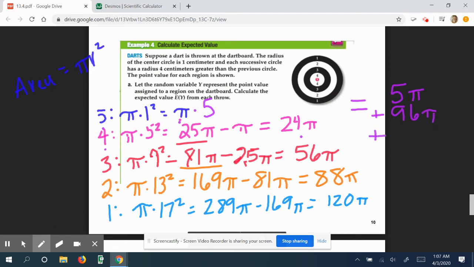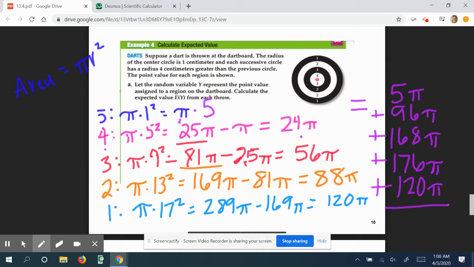The next one, 3 times 56 is going to be 168 pi. 2 times 88 is going to be 176 pi. And then the last one is going to be 120 pi.